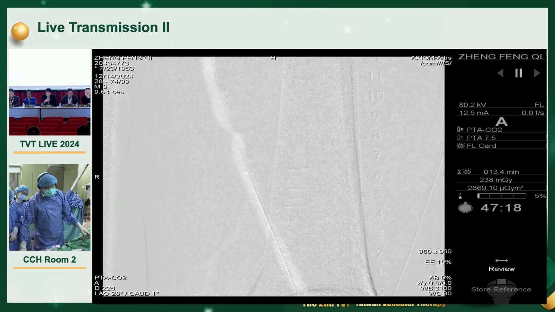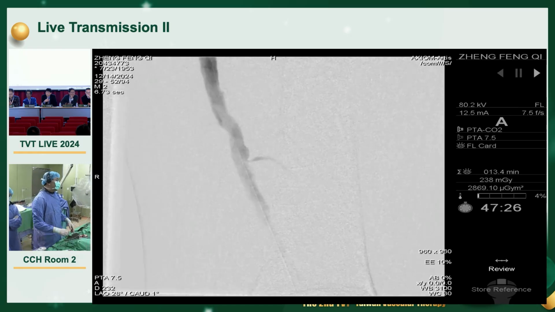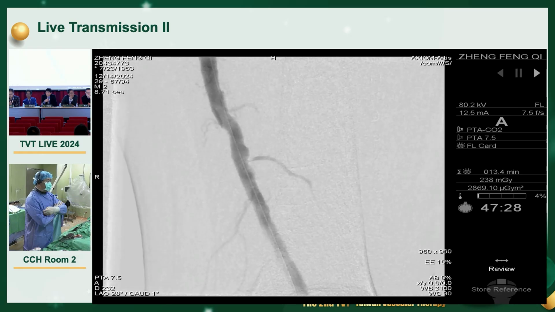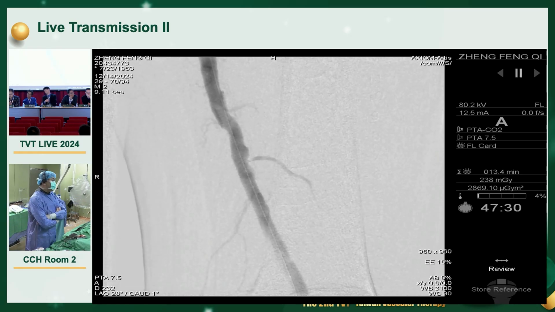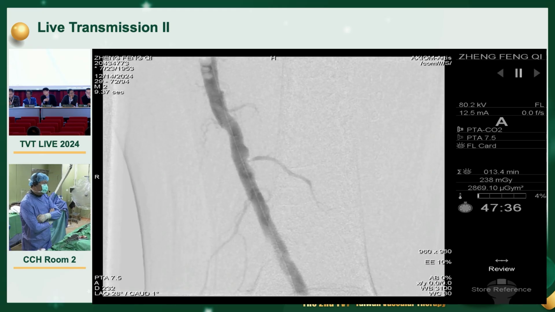Actually, the lesion is fully expanded and the blood flow is okay for this patient. So this is the final result.